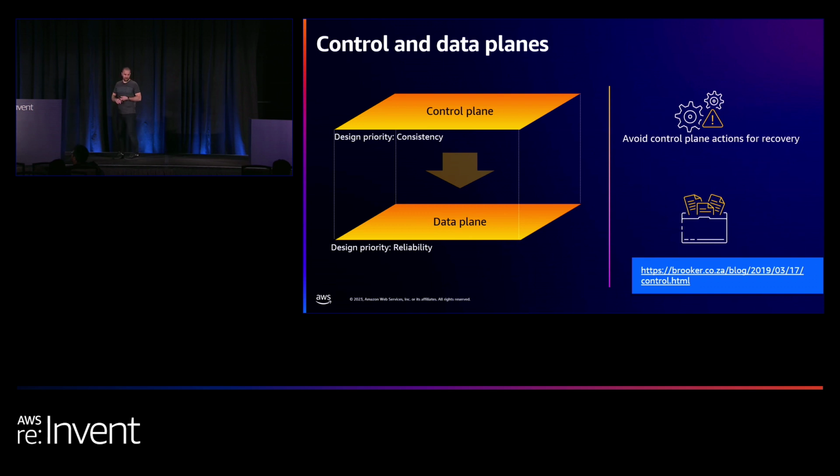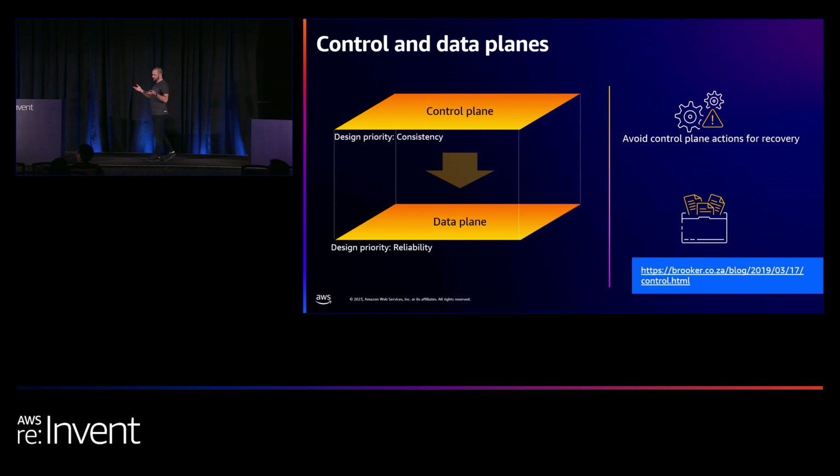Another very important fault isolation boundary is something we call control plane and data plane separation. The control plane is typically the operation by which you set up the resources in an account, and the data plane is basically using those resources. If you think about EC2 instances, for example, starting an instance is a control plane operation. The instance then is available for you to use, and that's a data plane operation.